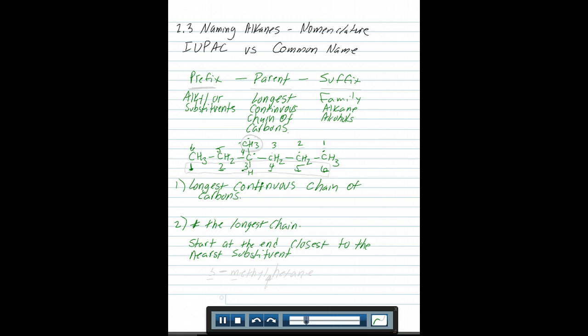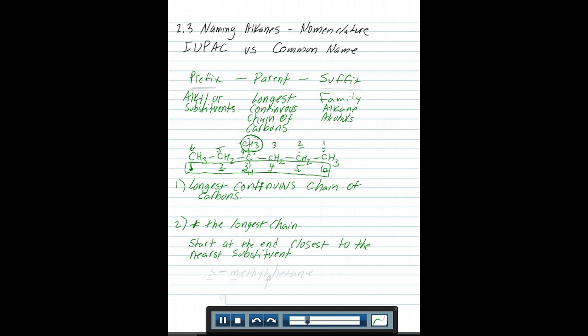Well, it's this way. This is the correct way because my nearest substituent is this group right here, the CH3 group. Well, if I start at this end right here, it's 1, 2, 3, as opposed to 1, 2, 3, 4. So since 3 is a lower number, that's the side I start on, because the substituent is closest to that end.